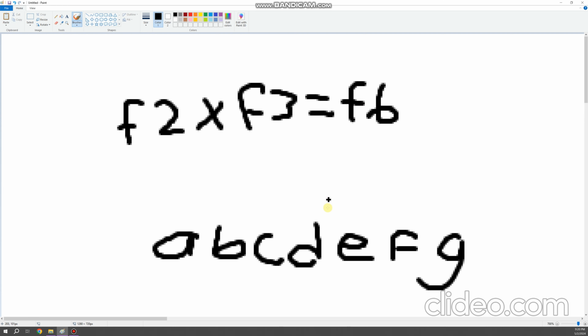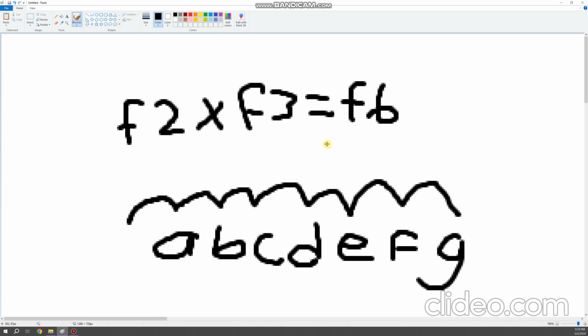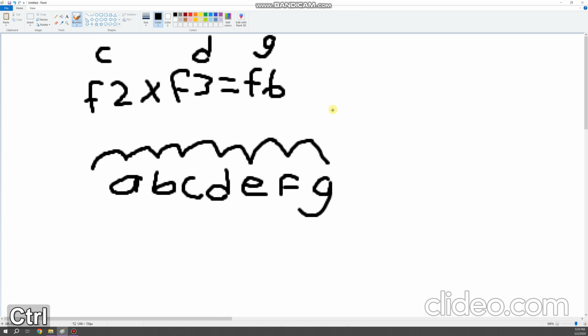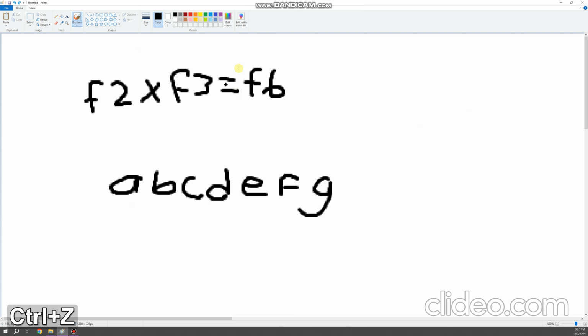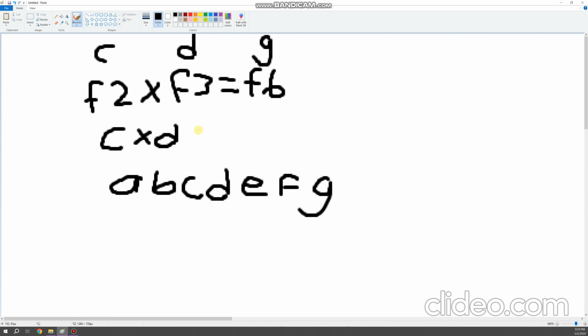So we count to the 6 plus 1 is 7. So we count 7 letters. 1, 2, 3, 4, 5, 6, 7. So G. If you remember, this is C and this is D. And so C times D equals G.